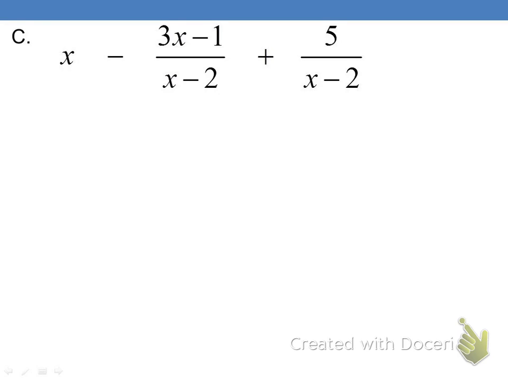Okay, first of all, I want to think of all of these as fractions. So I'm going to put that one over 1. All right, what's my LCD? 1 or x minus 2. Just 1 times x minus 2, which is just x minus 2, right? So the only one having a problem right now is this guy up front.